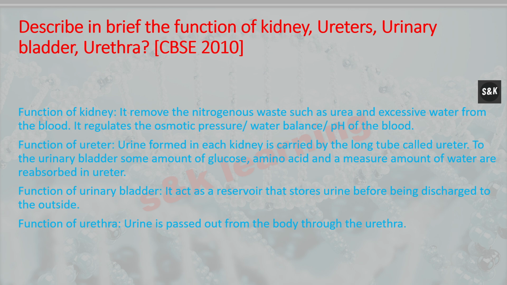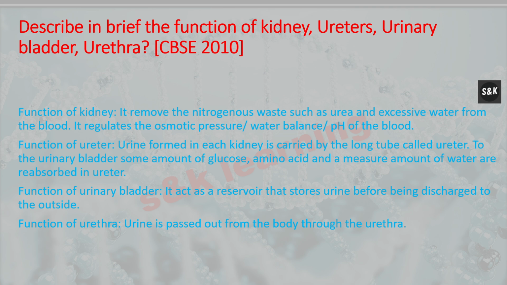Describe in brief the function of kidney, ureter, urinary bladder, and urethra. Function of kidney: it removes nitrogenous waste such as urea and excess water from the body. It regulates the osmotic pressure, water balance, and pH of the body. Function of ureter: urine formed in each kidney is carried by the long tube called ureter to the urinary bladder.